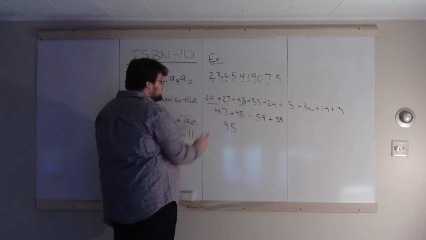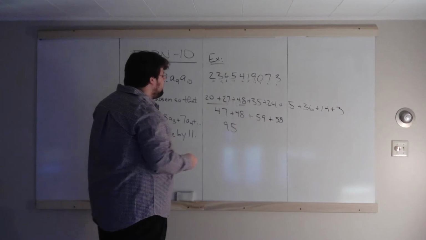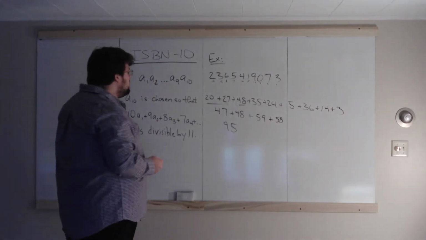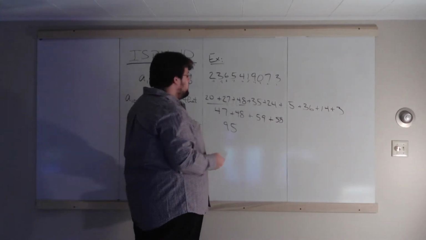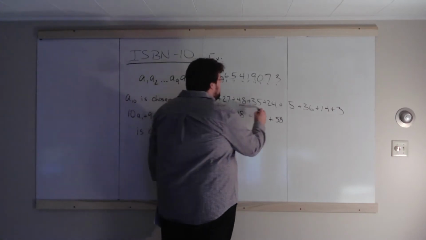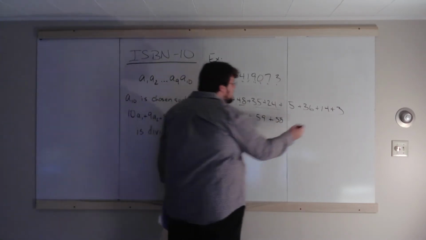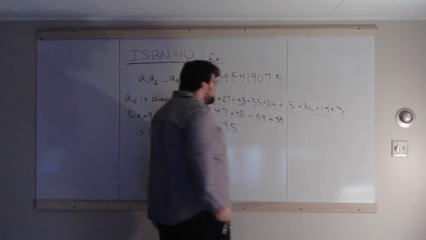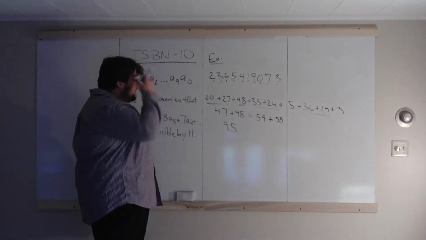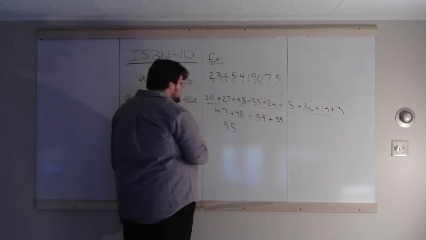Because it's 3 less than 50, 2 less than 50, so that's 5 less than 2 50s, which is 95. You can add in whatever order you want, whatever's most convenient. Those two I added to make 59, and these made a 50, and those made an 8, so I wrote that as a 58. So then we have to add these together.